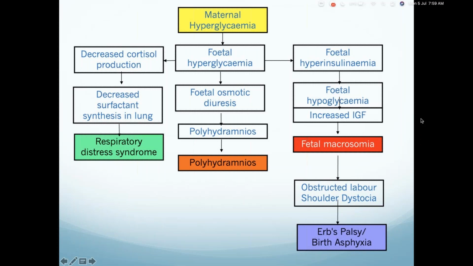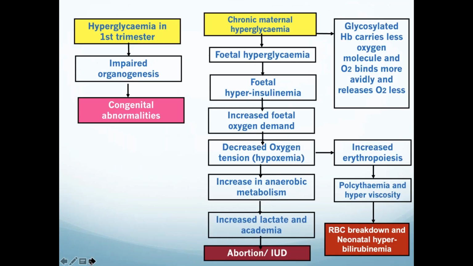So you now understand. But if the hyperglycemia is pre-existing, in that case scenario, because she is already hyperglycemic preconceptionally, there will be impaired organogenesis in the first trimester, causing congenital abnormalities, which will not be present in GDM.